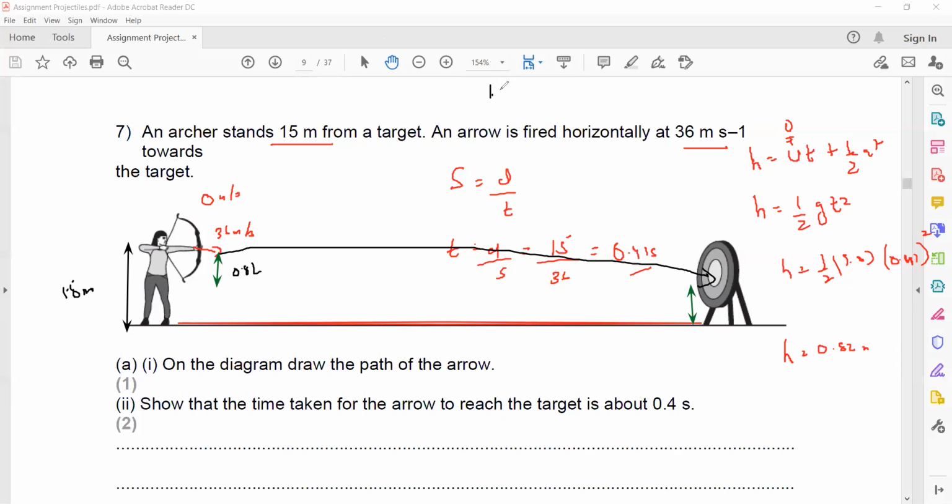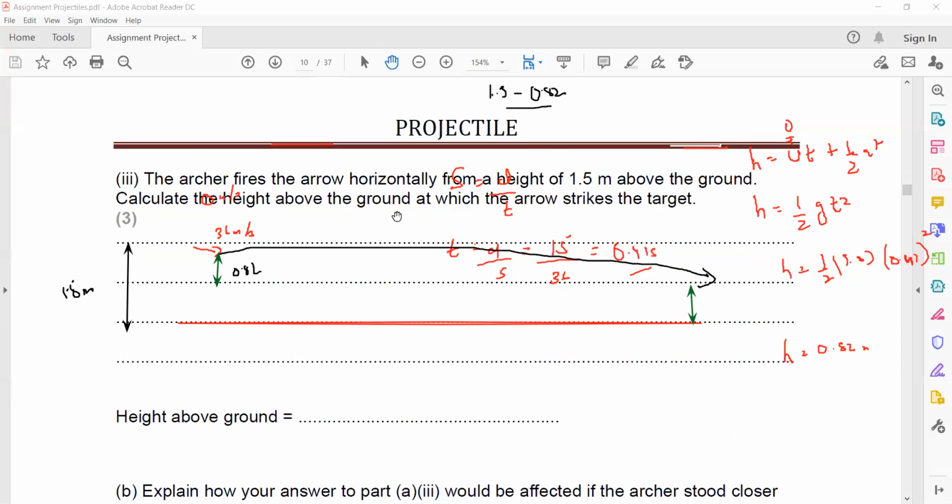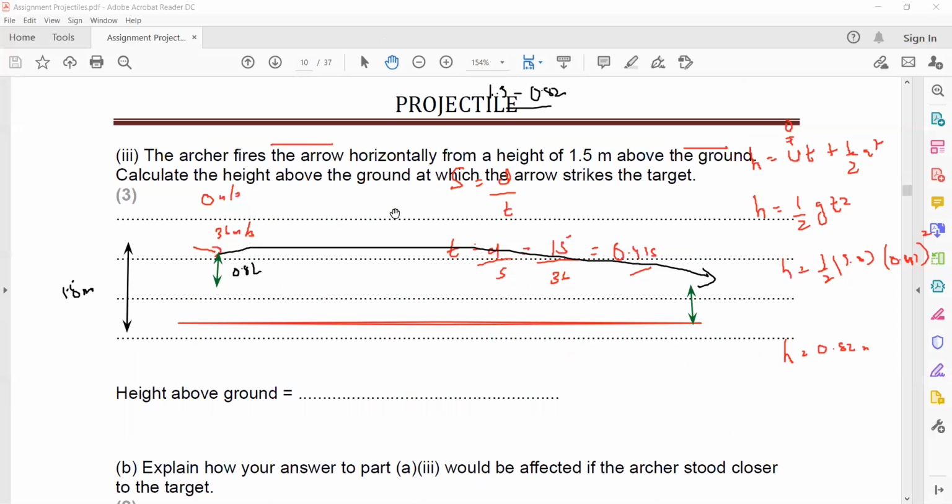It will be 1.5 minus 0.82. That will be the final answer. Is it clear? The height above the ground.